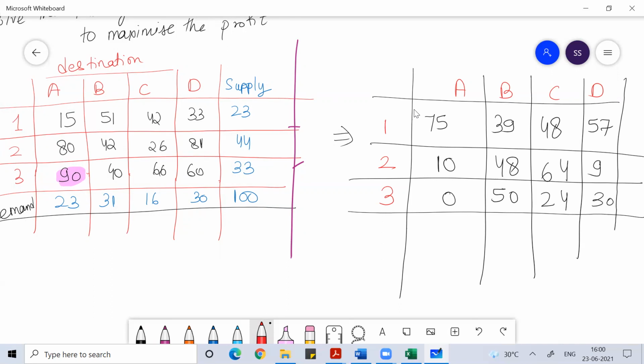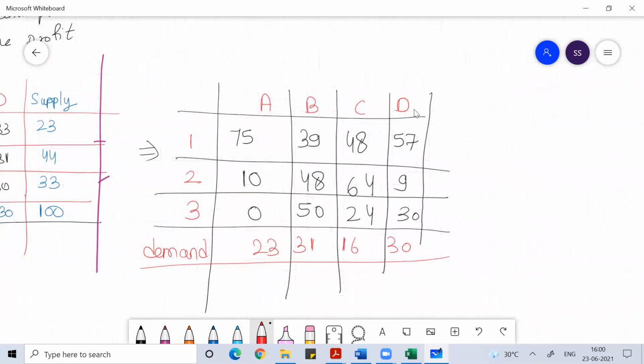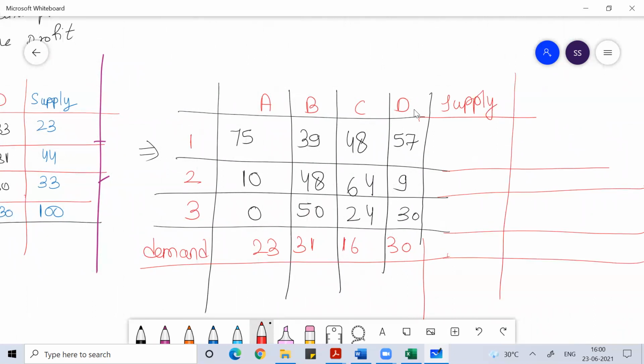Now just write down the demand values: demand 23, 31, 16, 30, and the supply 23, 44, 33, and this would be 100.